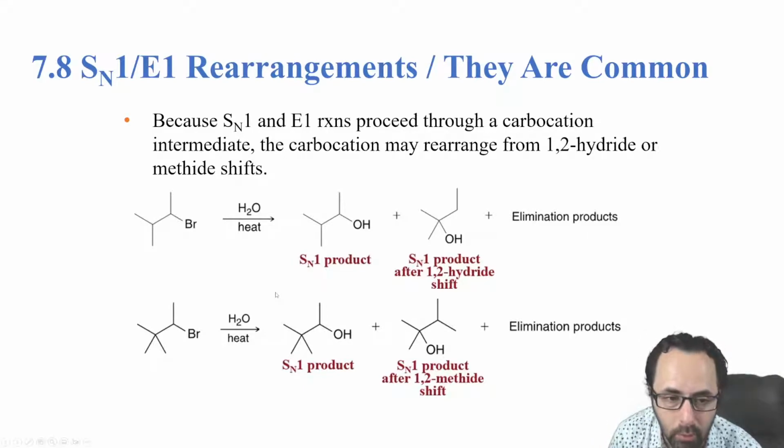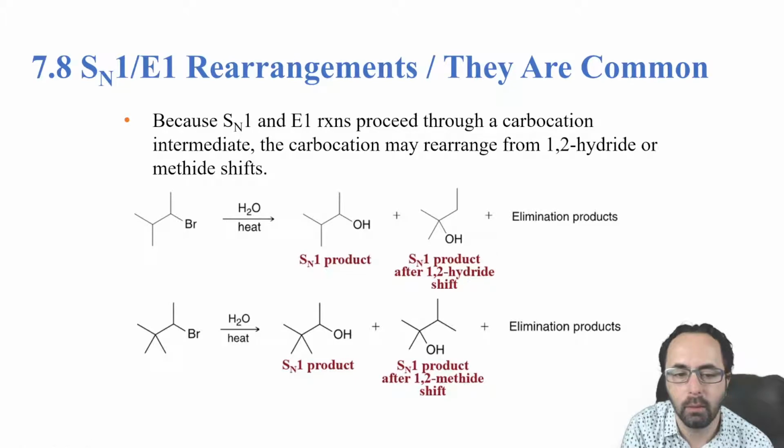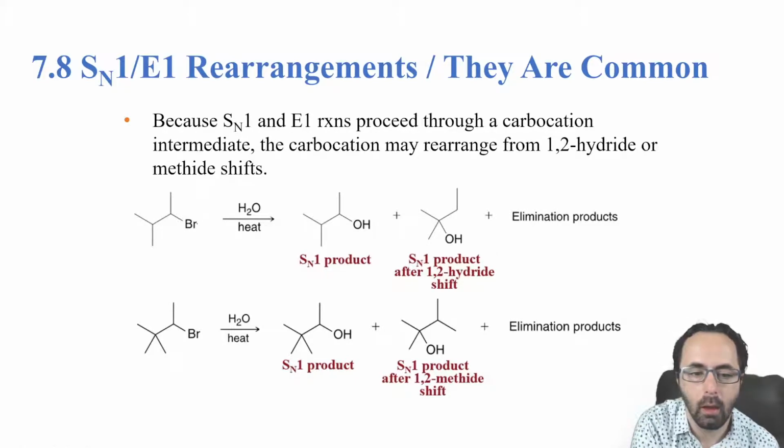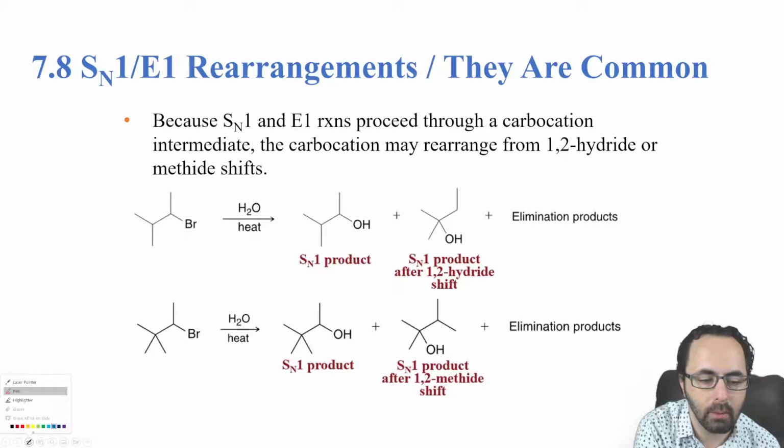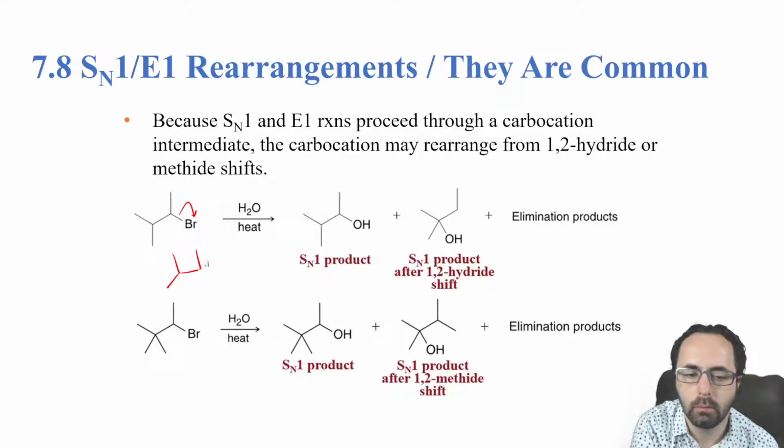So for example, if we react this alkyl halide with water, water is going to be our nucleophile here. We can have the water replace the bromine, but notice there's a carbocation intermediate in this step, right? When the leaving group leaves, like the bromine, we end up with a carbocation intermediate right here.